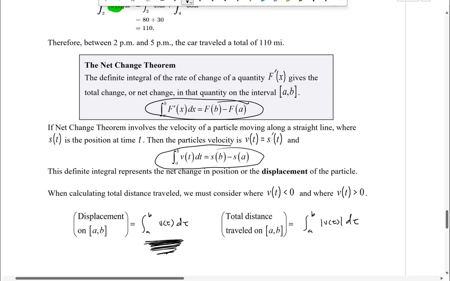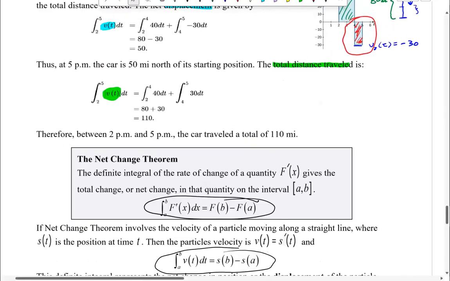To find the total distance traveled, we have to integrate the absolute value of the velocity function. When that happens, we often have to split up our velocity function into the positive region and the negative region, integrate them separately, and put a negative in front of the portion that had the negative region, right?